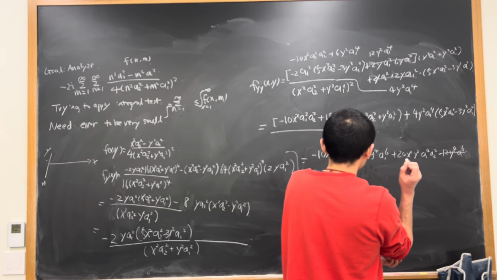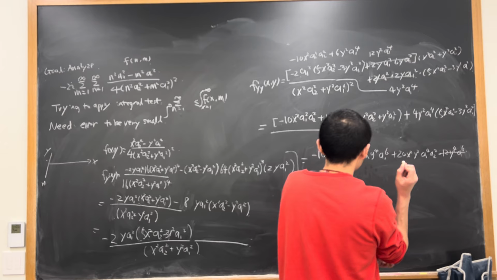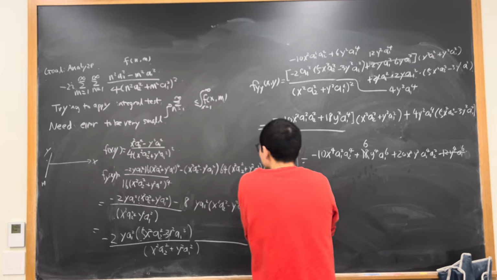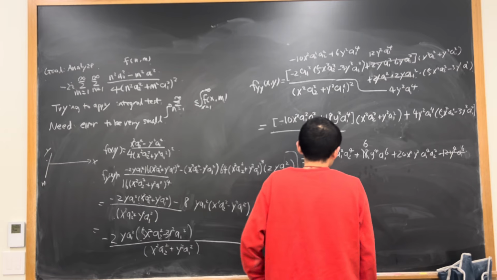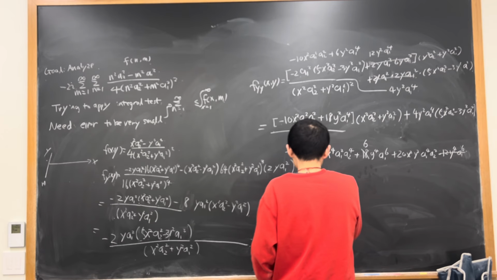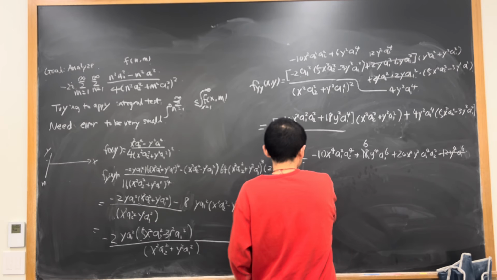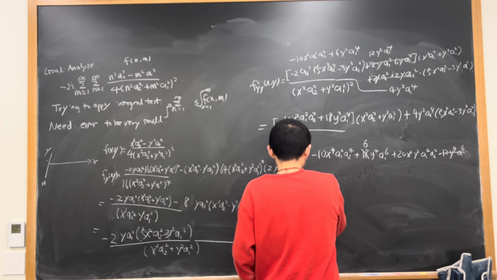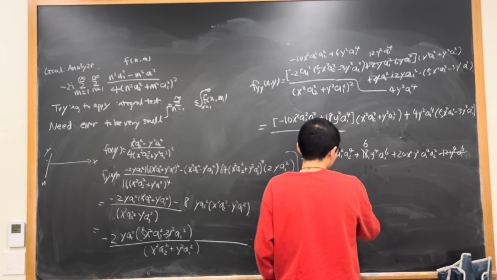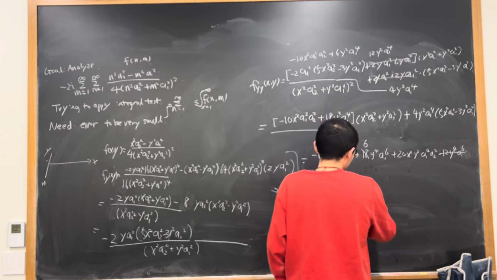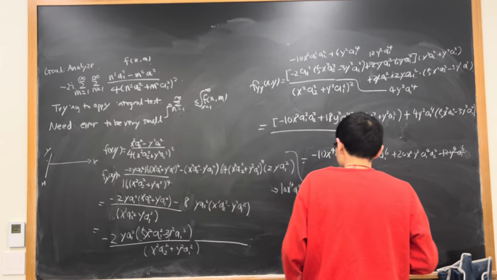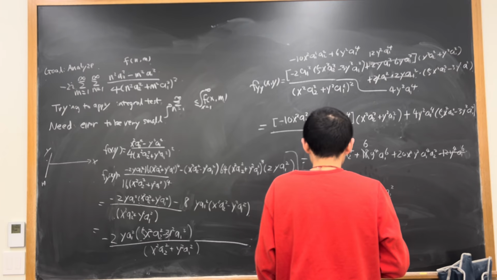So setting them equal to 0 means that finally I get 10 x to the fourth power a1 squared a2 to the fourth power equal to 6 x squared y squared a1 to the fourth power.